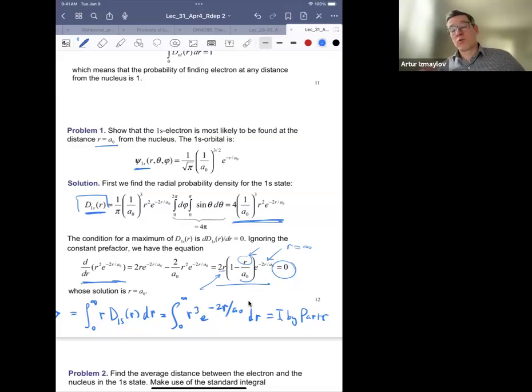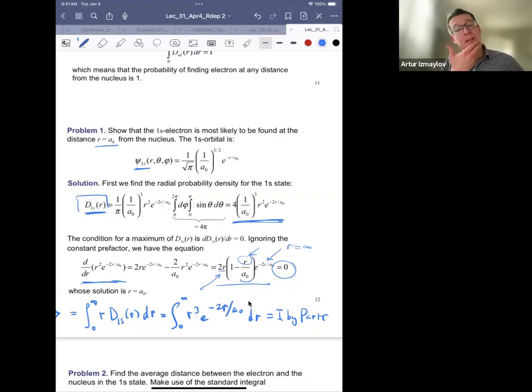Well, because when we differentiate, it's a condition for an extremum, not for the maximum, right? And so when we look at all these 3 extremum points, 2 of them will be minima, the first one and the third one, minima of the D, and the one in the middle is a maximum, right?